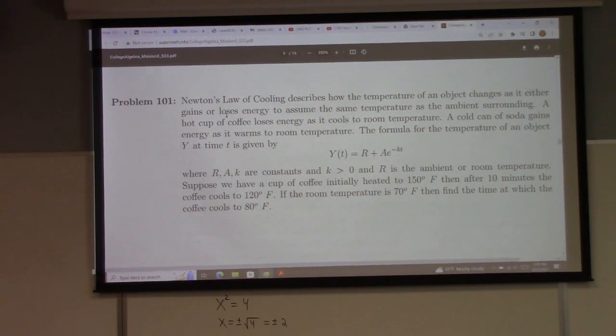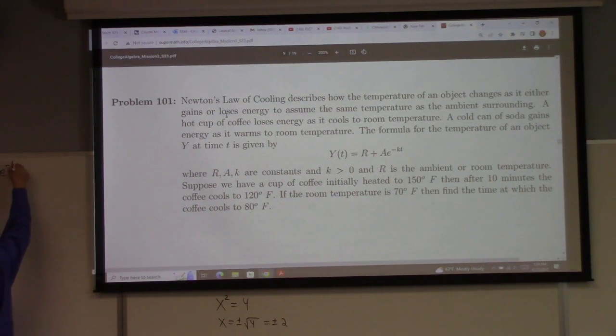Like our formula is y of t equal to R plus a, e to the minus kt.